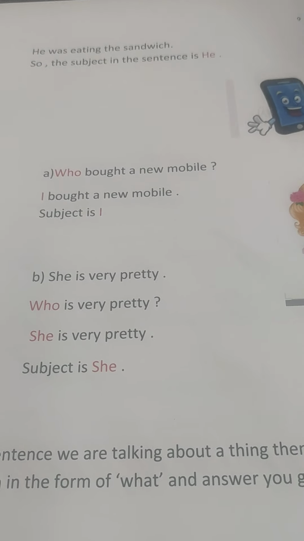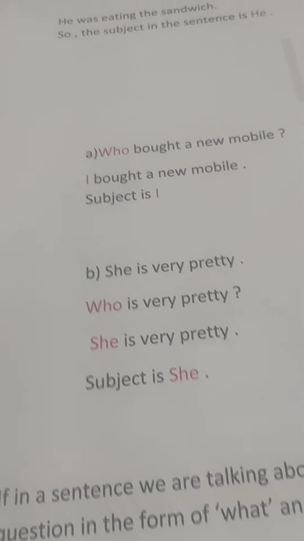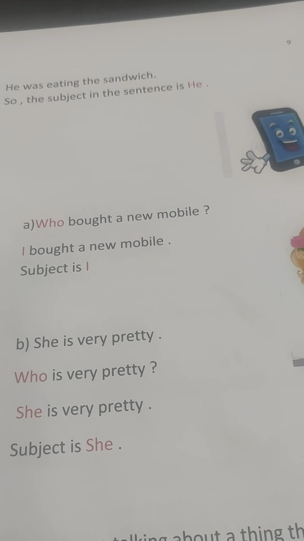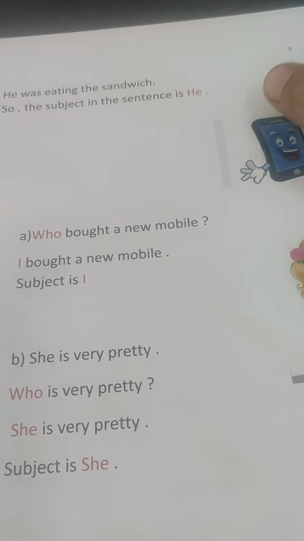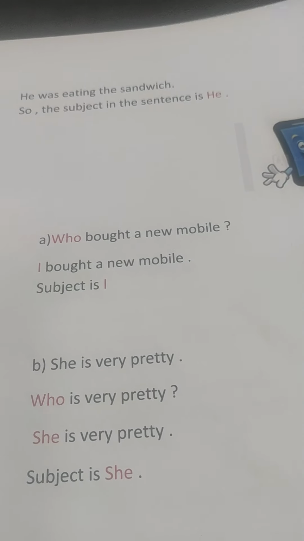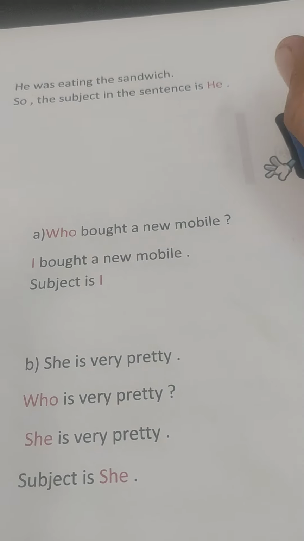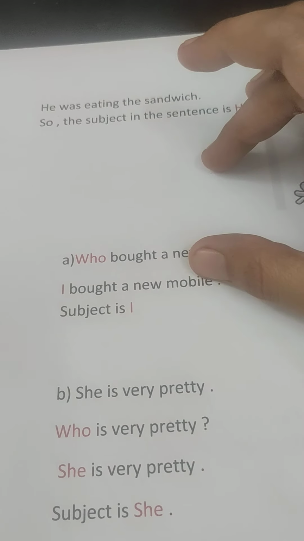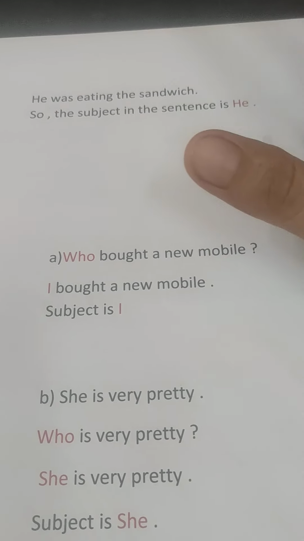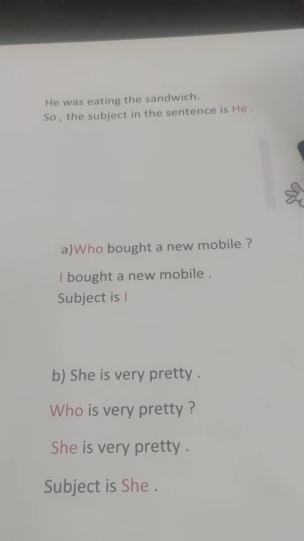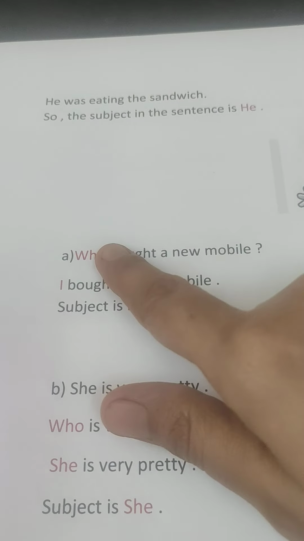Now let's look at another example to understand it more. Who bought a new mobile? For example, the sentence is, I bought a new mobile. Now, in this sentence, I is a noun and that is a person. So in the case of a person, ask the question who.